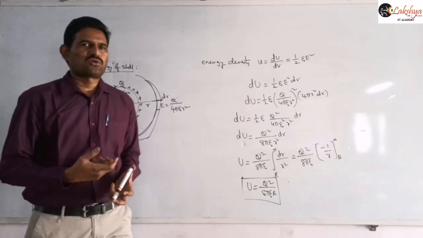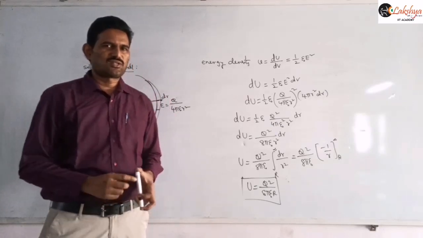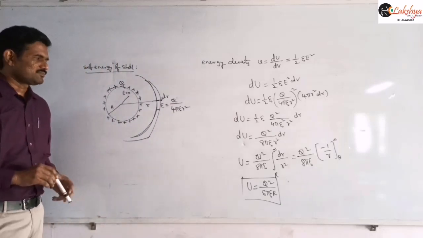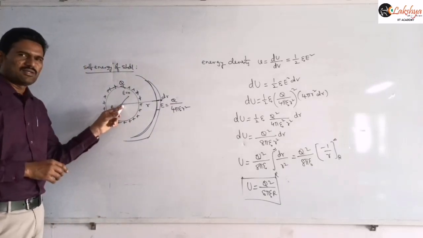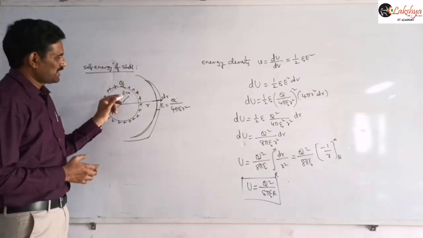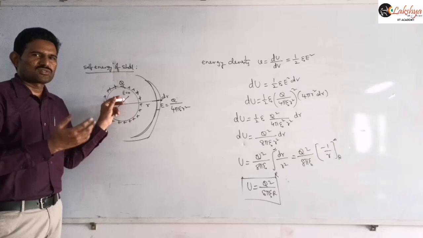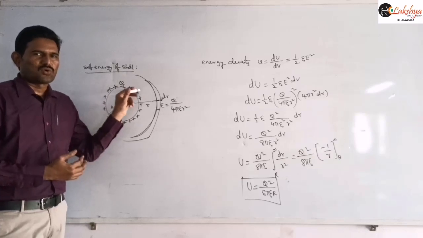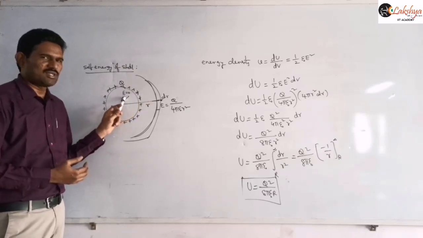The only difference is for solid sphere, that means non-conducting sphere. For non-conducting sphere, inside some charge will be there, that means inside some field will be there and outside also field is there. Here inside field is 0, and that is why we are integrating only outside, from r to infinity.